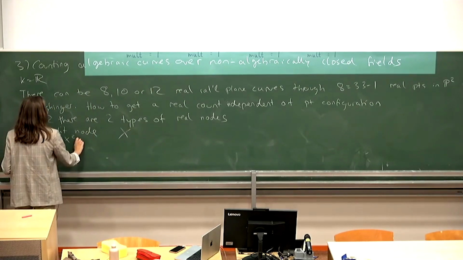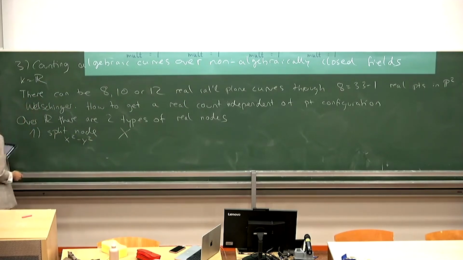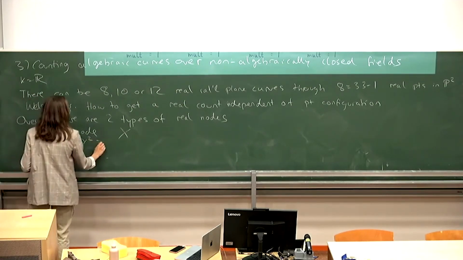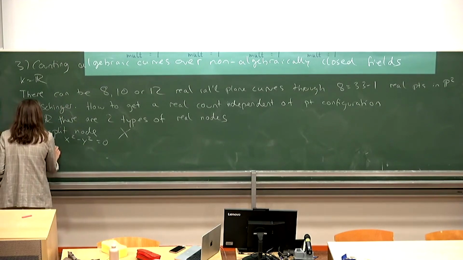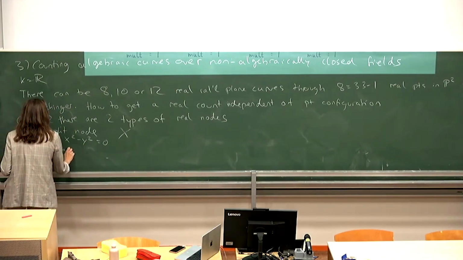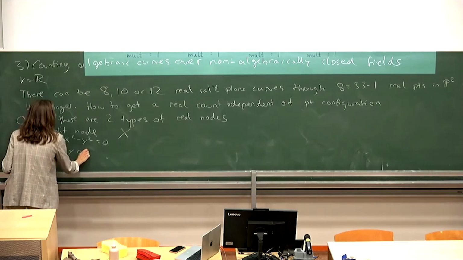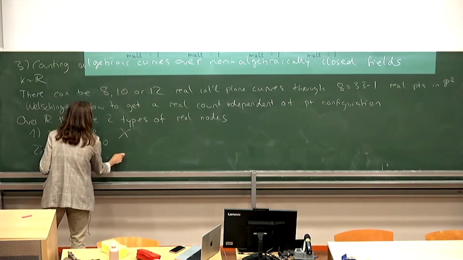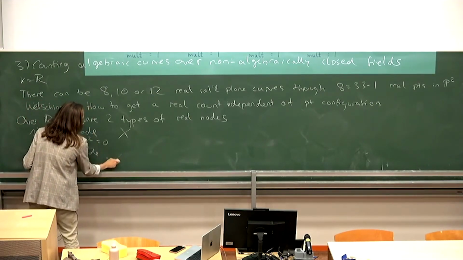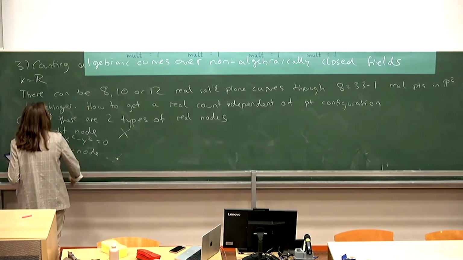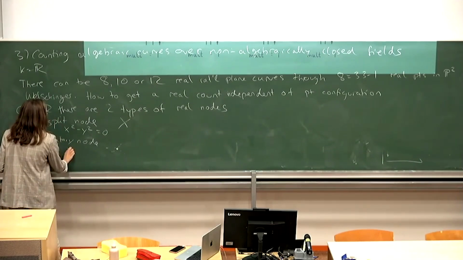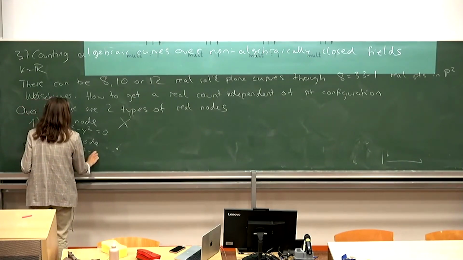It's locally defined by the equation x squared minus y squared is equal to 0. And the other one is, let's call it solitary node, because it only has 1 point and then 2 complex conjugate branches. And here, the local equation is x squared plus y squared is equal to 0.